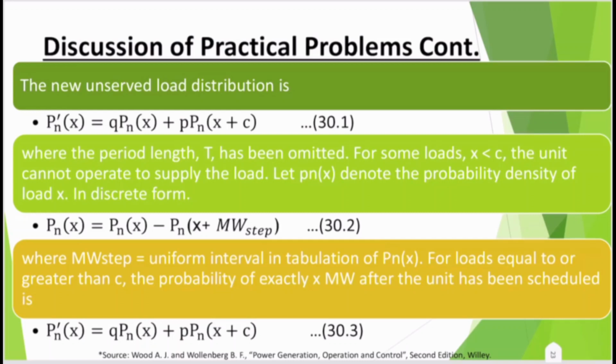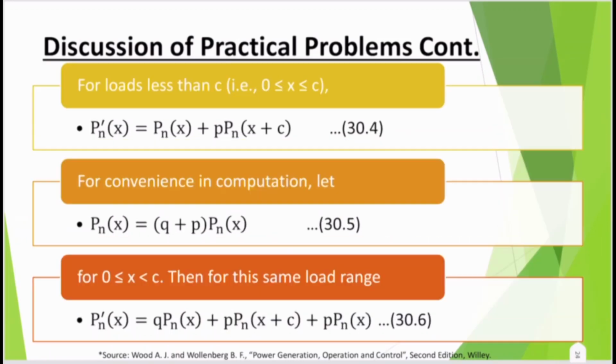For loads equal to or greater than C, the probability of exactly X megawatt after the unit has been scheduled, that is P_n'(X), is Q times P_n(X) plus P times P_n(X+C). Now these three equations are very important for me to simulate any probabilistic based economic dispatch solutions.